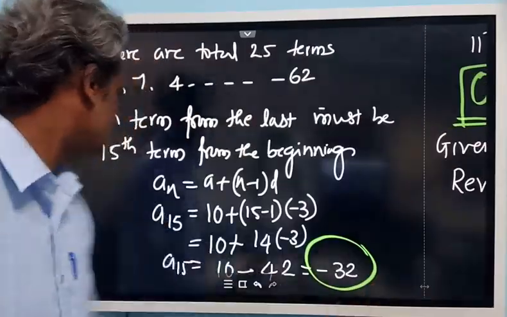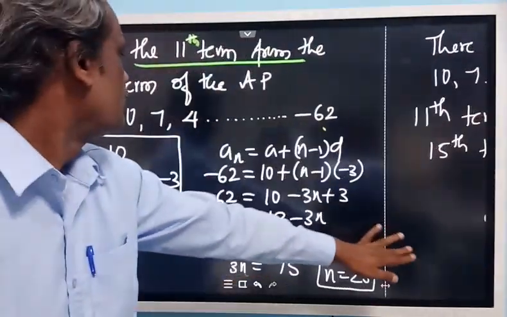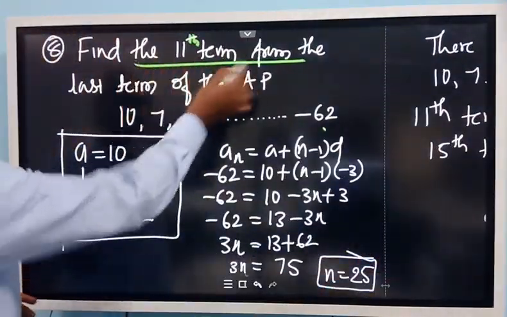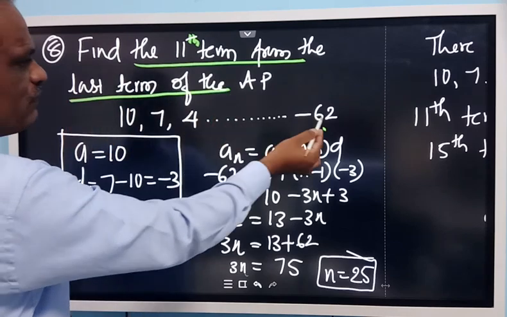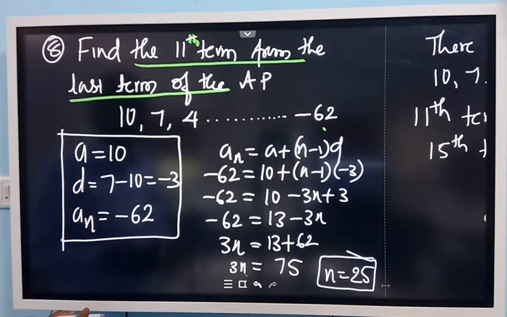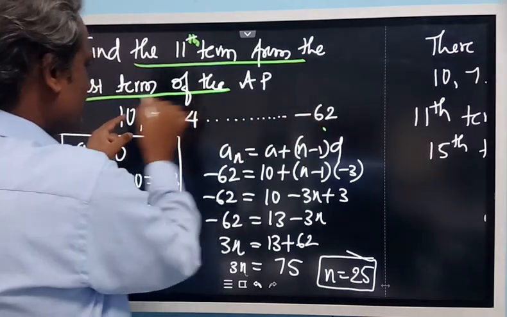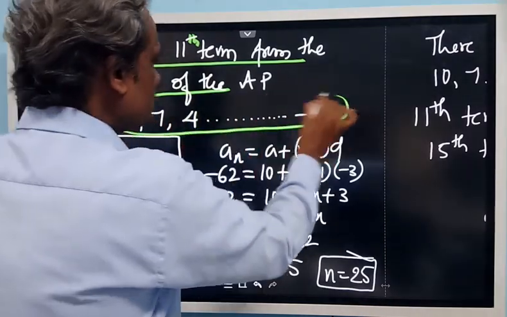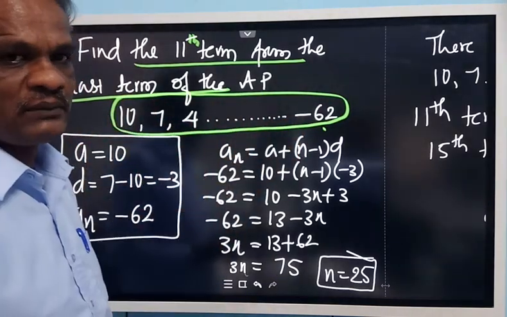Okay. Look at this question once again. Find the 11th term from the last term of this AP. From this direction you have to find the 11th term. For that, first you calculate how many terms are there in this AP. We got 25 terms.